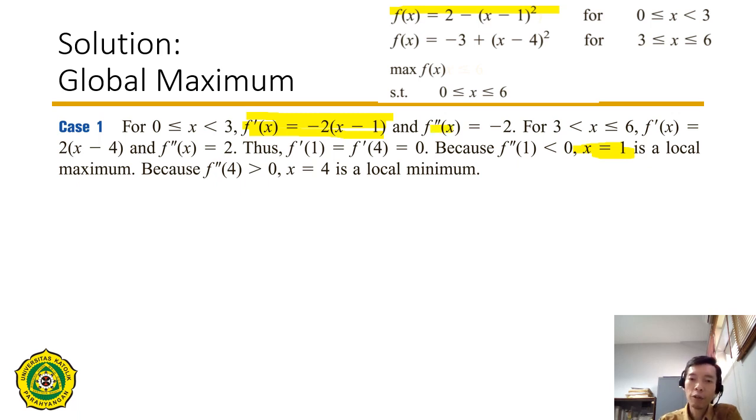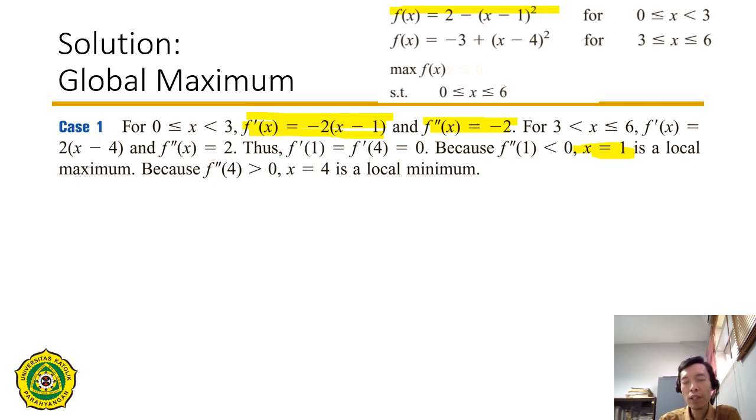And if we want to know whether it's a maximum or minimum point, we take the second derivative of the function. The second derivative equals minus 2. Because the second derivative is negative, it means that right after passing this point, the slope will be decreasing, so that point is a local maximum, because after that it will decrease.